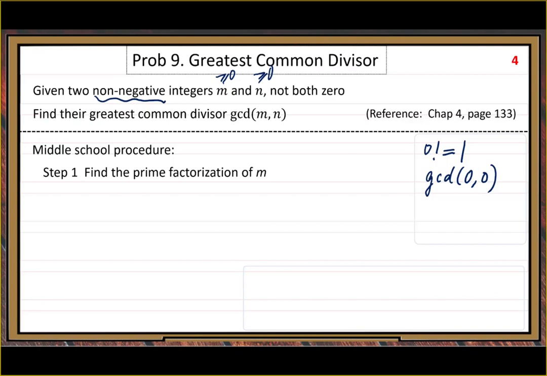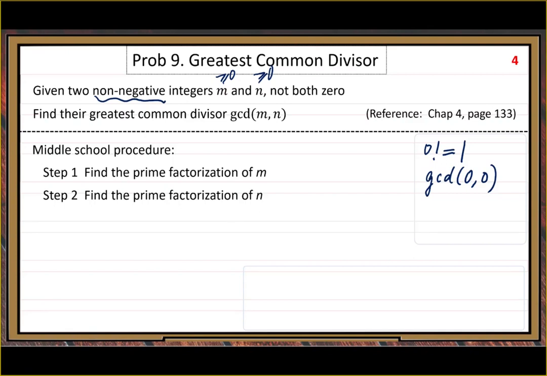But 1 is not a prime number, because it has only one positive divisor. So we do not count 1 as a prime number. The smallest prime number is 2. So you represent m as a product of a sequence of primes. That's the first step.